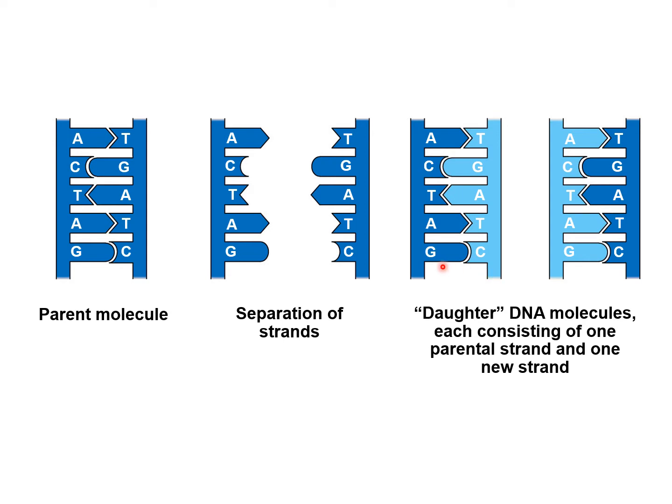So you use the old strands to say, hey, I have a G here, I need a C here. I have an A here, I need a T here, and so forth. This is known as semi-conservative DNA synthesis.